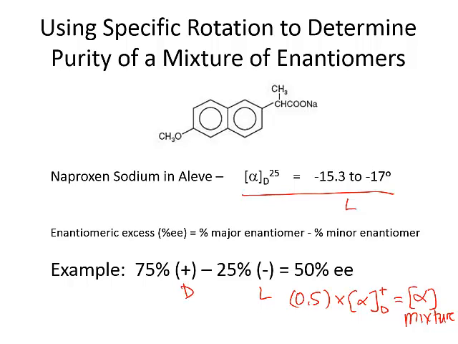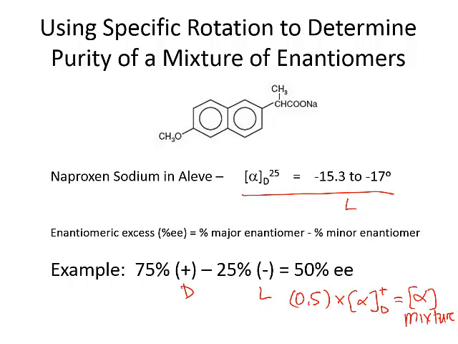Okay. So what we normally do is, if we know what the specific rotation of our mixture is, and we know what the specific rotation should be for either enantiomer, we could divide that specific rotation over the specific rotation of the pure substance, and then determine the fraction. And then we've got to figure out what two numbers add up to 1.